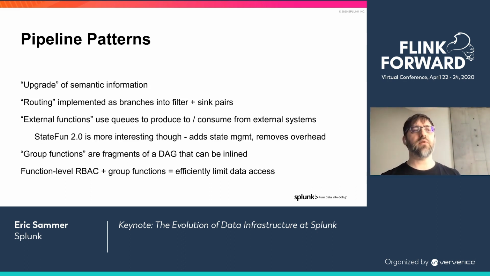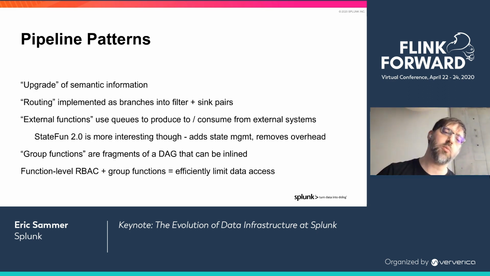In those cases, we use the pipeline to effectively up-level the source type as we learn more about the events through field extractions and pattern matching and classification models and classification systems and all these other kinds of things. So through a series of operations, we up-level the semantic information, what we know about an event.